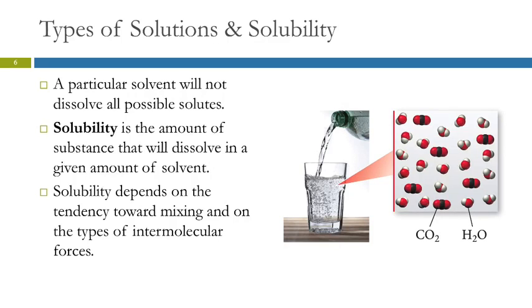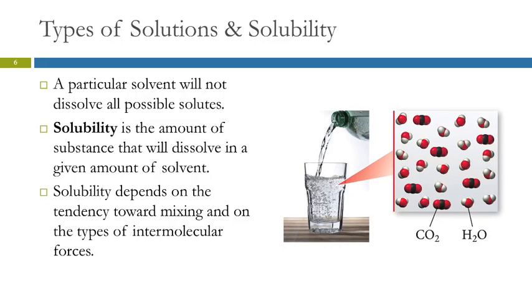We've also talked about the solubility rules for ionic solids. You think about an ionic solid, it's got ionic bonds, it's got ions in it, and water's polar, and so we should have these ion-dipole forces, and they should dissolve. Many ionic compounds do dissolve in water, but not all of them do.